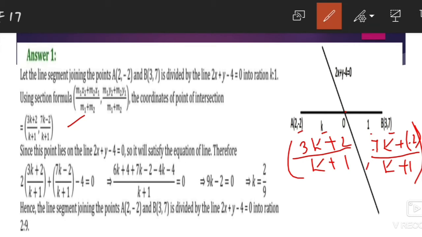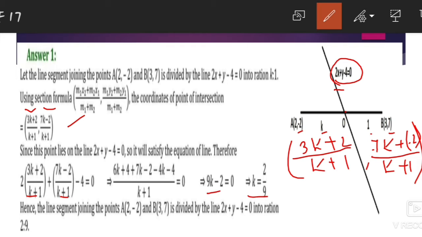Since O point lies on the line 2x plus y minus 4 equal to 0, the coordinate of O must satisfy this equation. That's why in the equation 2x plus y minus 4 equal to 0, in place of x I am putting the x coordinate, and in place of y I am putting the y coordinate of this O point.